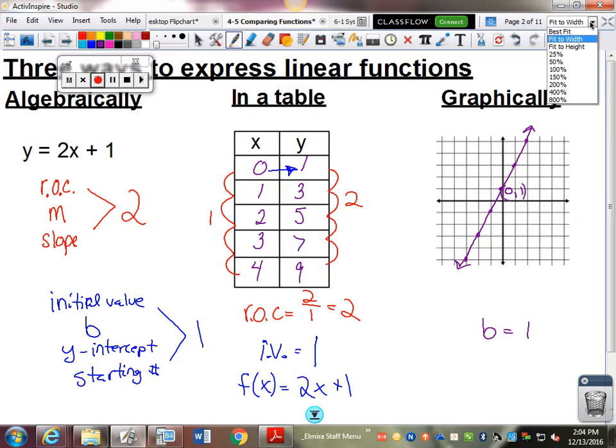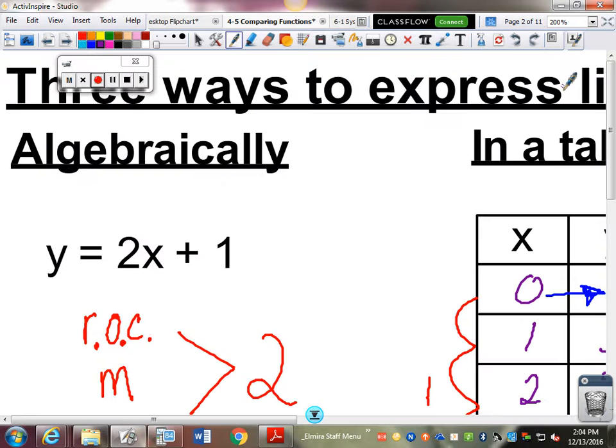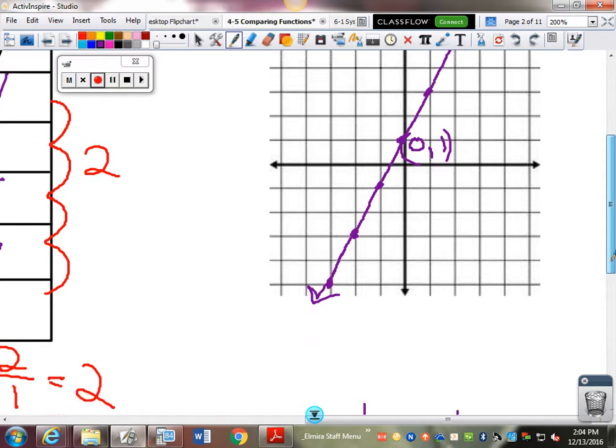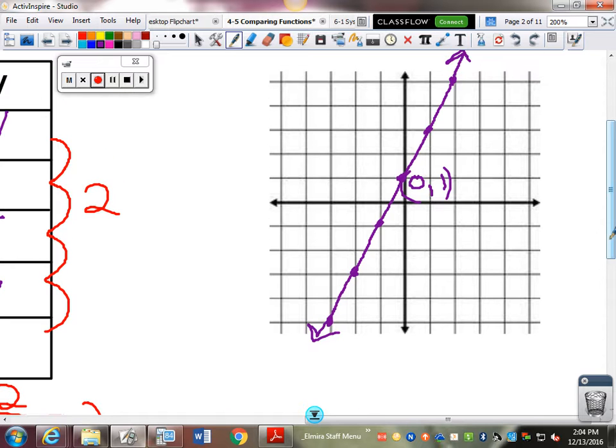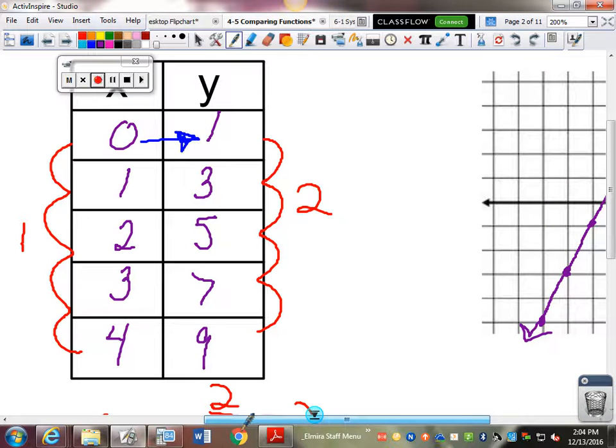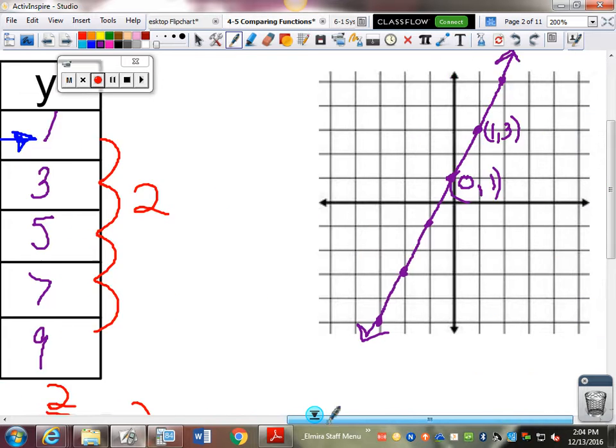Let me blow this up so it's easier to see. 0, 1, and another point. We could just use this one right here, 1, 3. Notice those are 0, 1, and 1, 3. Those are rows in my table as well.